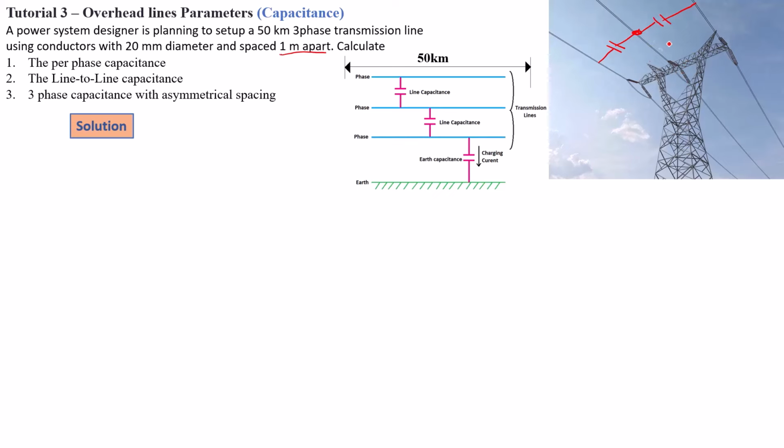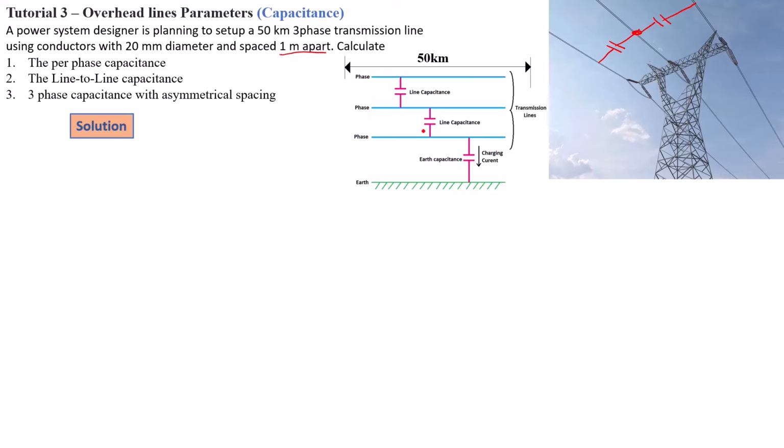So in a nutshell, these capacitances arise due to the potential difference between these conductors and the surrounding environment, which would basically form part of a weak electric field. Now, having said that, capacitance is a key factor in the overall behavior of a transmission line, affecting its charging current, power loss, voltage regulation, and system stability.